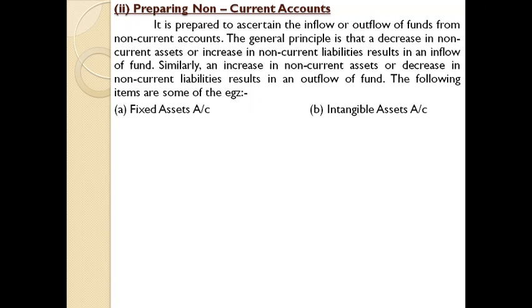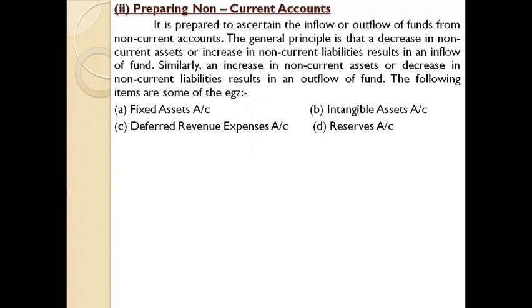Whenever you come across intangible assets, remember that an increase is considered as a purchase, but a decrease is considered as a write-off of that particular asset rather than a sale. Just remember that part. We will discuss in detail in the application level cases.